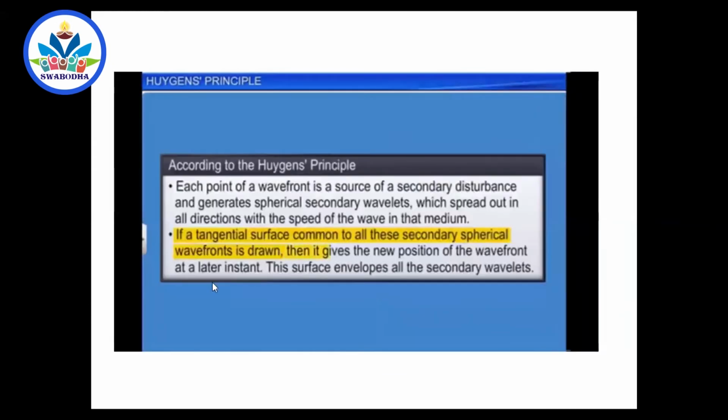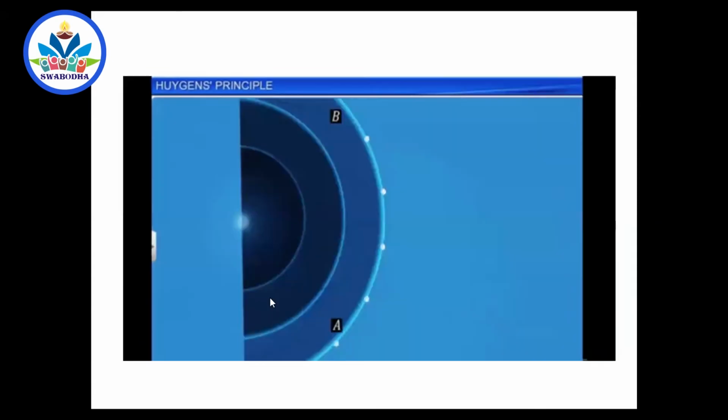So how do you draw this? That can be drawn like this. For example, if this is the source of light and the wavefront is growing like this, each point on this wavefront will act like a point of secondary sources, and they emit their own wavefronts, right? And Huygens made a hypothetical assumption that no wavefront moves in the backward direction, only in the forward direction. So the wavefront grows.